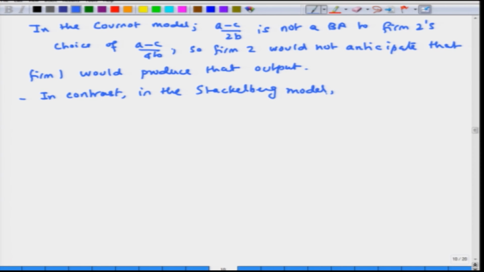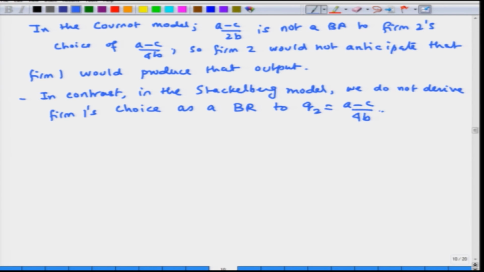We are not simply deriving firm 1's best response taking firm 2's output Q2 as some number A minus C by 4B, right. So, in contrast in the Stackelberg model, we do not derive firm 1's choice as a best response to Q2 equal to A minus C by 4B. This is not what we did, right.